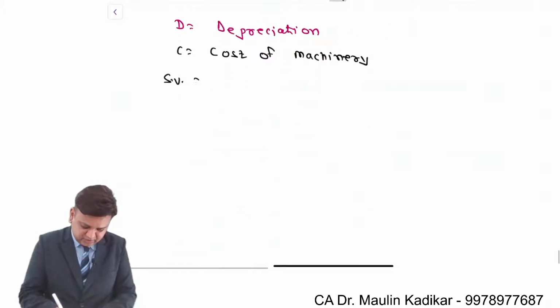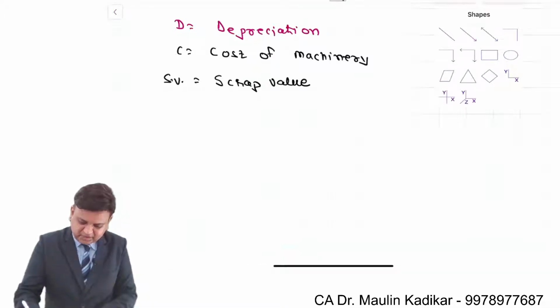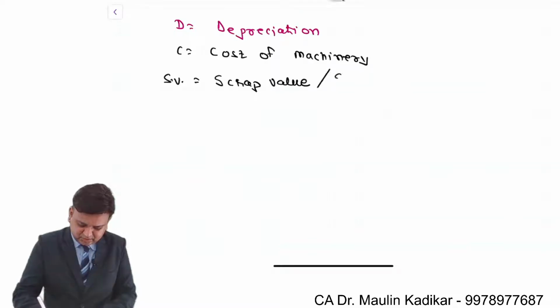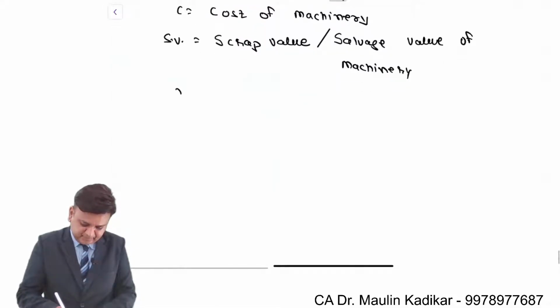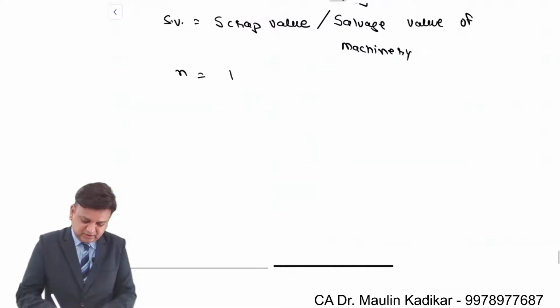SV stands for scrap value, or it is also called salvage value of machinery, and N is the number of years.